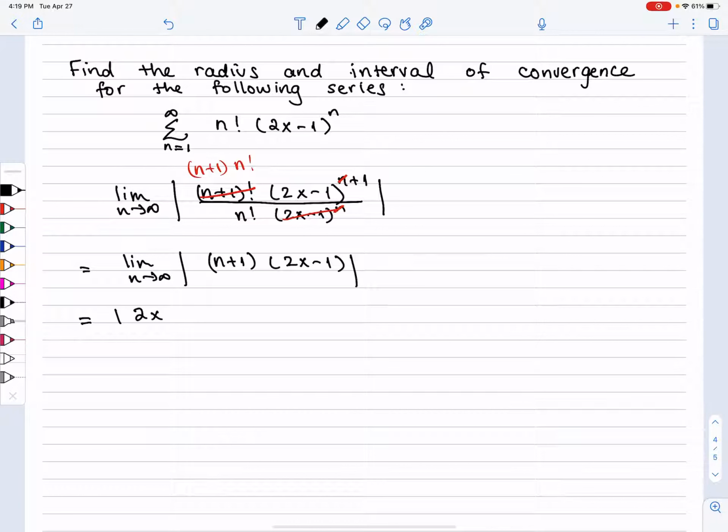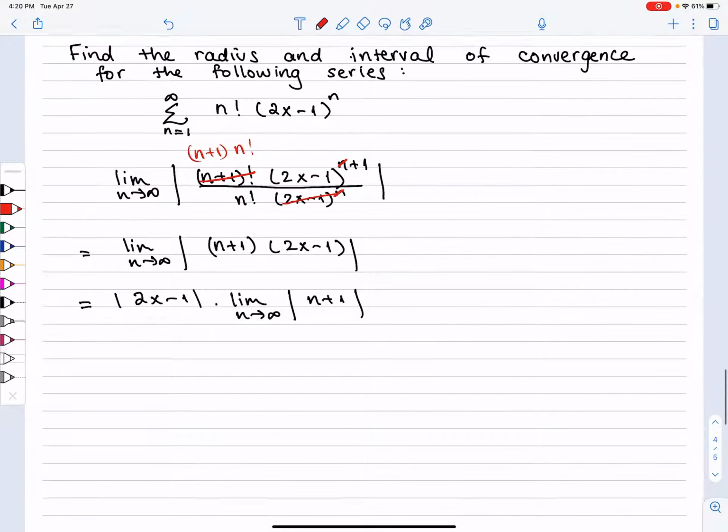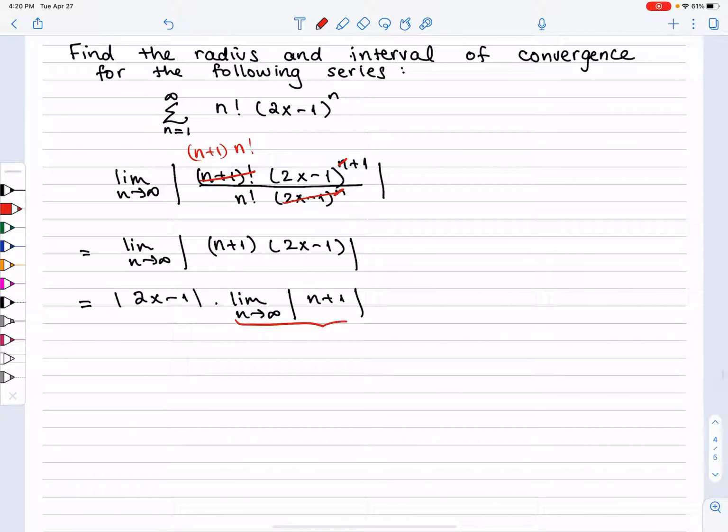So 2x minus 1 is considered a constant. So we have the limit as n approaches infinity of n plus 1. Well, the limit as n approaches infinity of n plus 1 is approaching infinity.